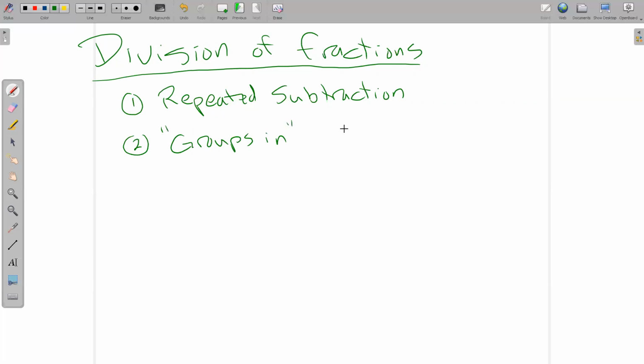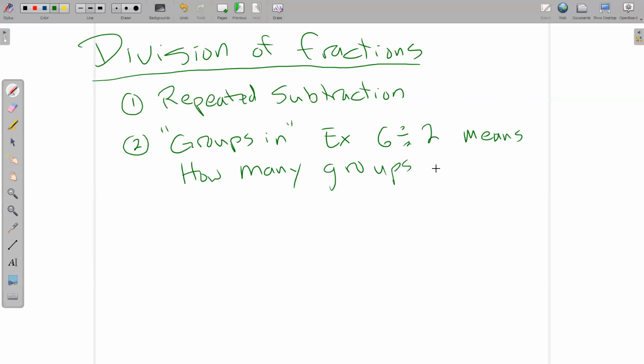And just to illustrate an example of the groups in, 6 divided by 2 means, how many groups of 2 are in 6?